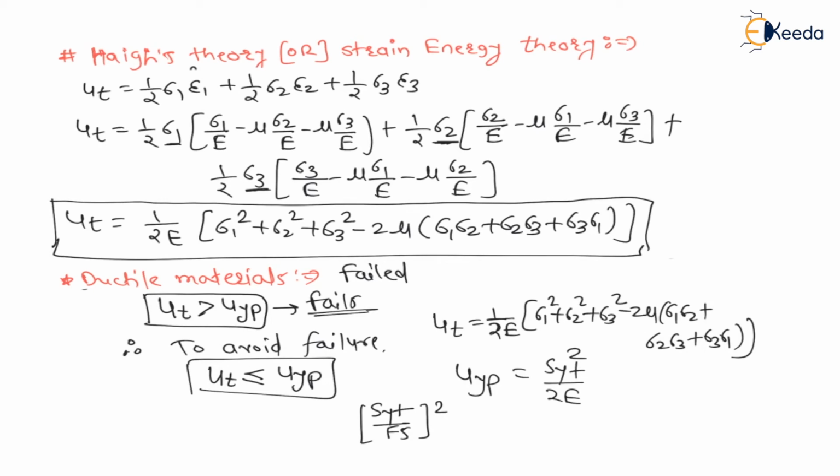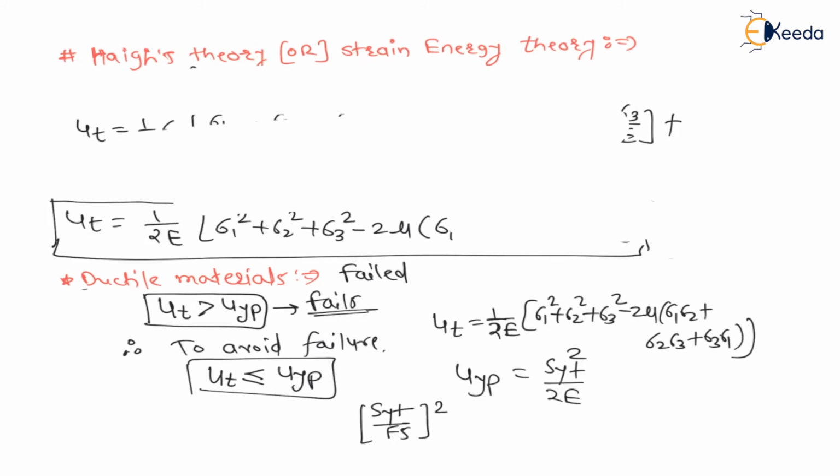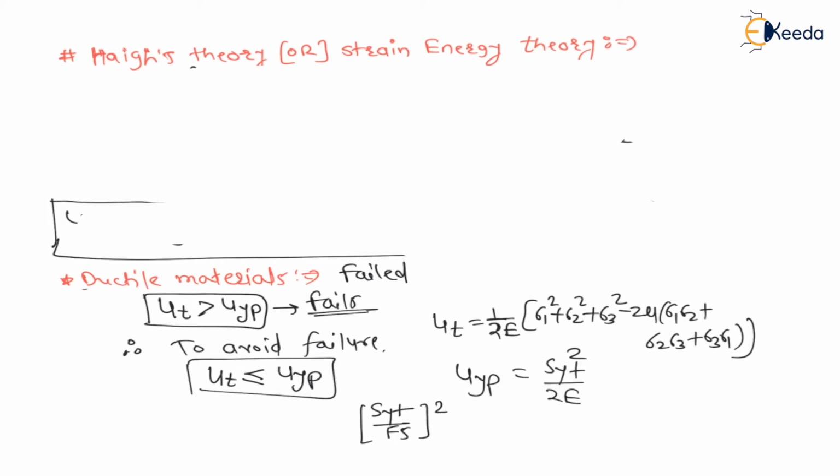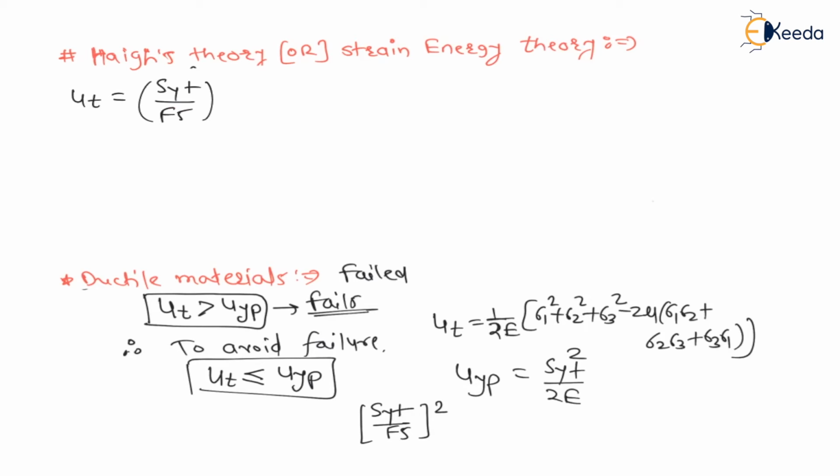Therefore, to avoid failure, we have to consider some factor of safety while designing the component. This ut, the value of ut, must be equal to SYT divided by factor of safety whole square into 1 by 2e, that is at yield point.